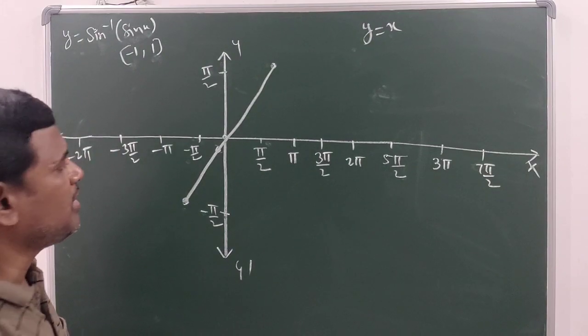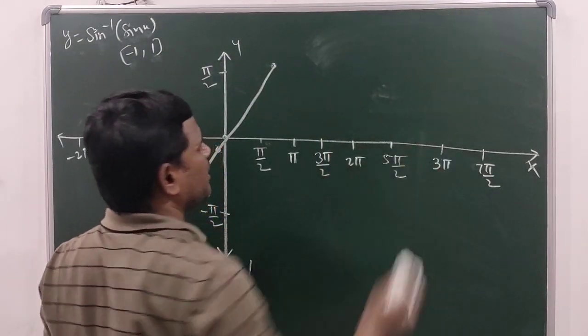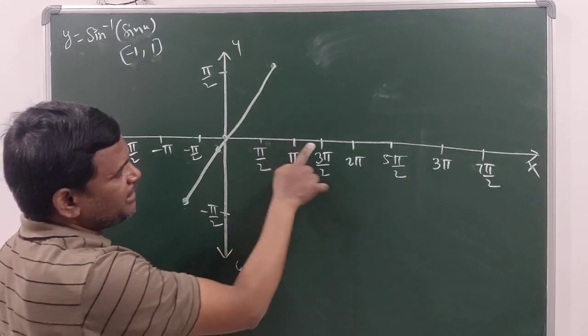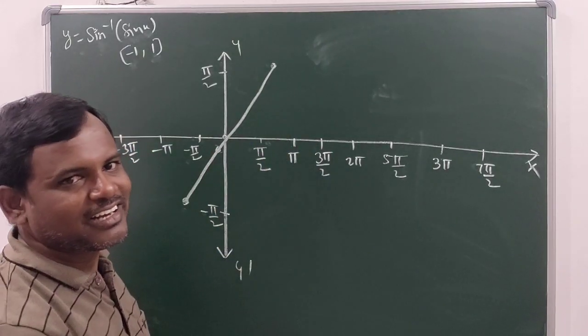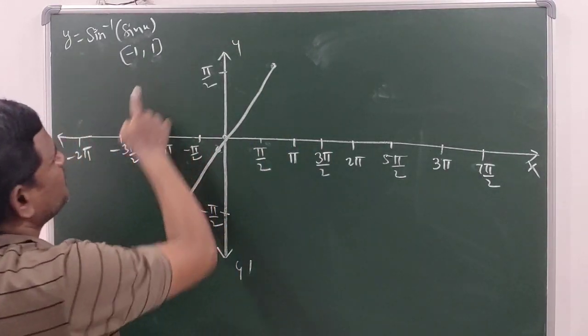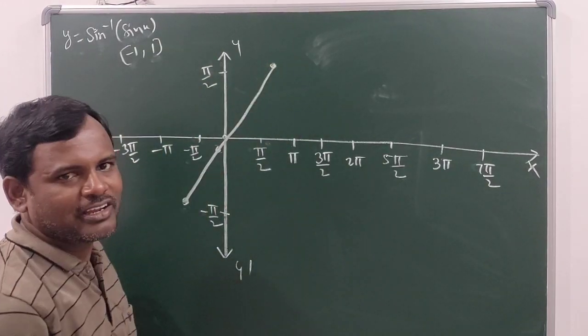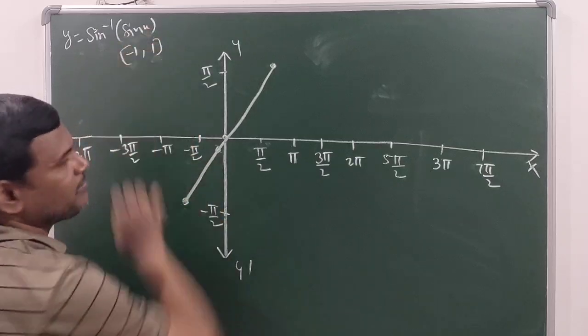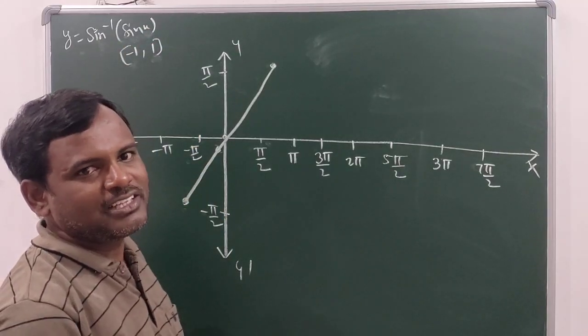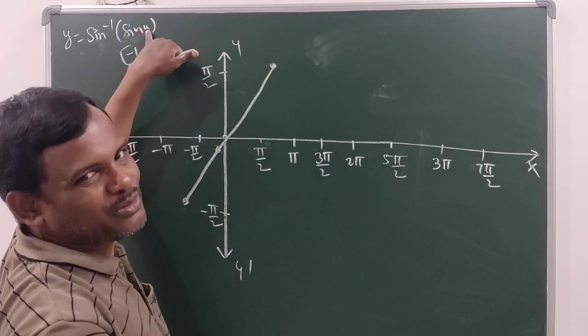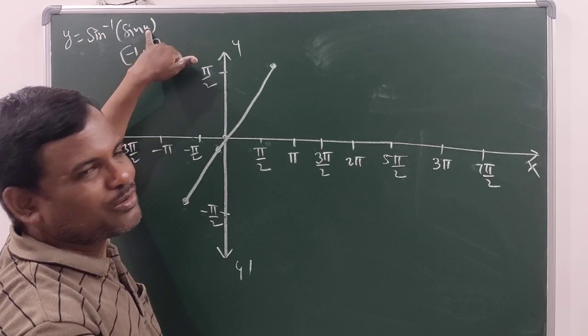Okay? Right. So suppose your domain value is 90 to 270. If you write x value 90, the range will be 90. But if you write x value pi, sin pi is 0.